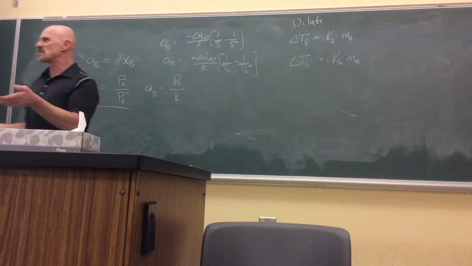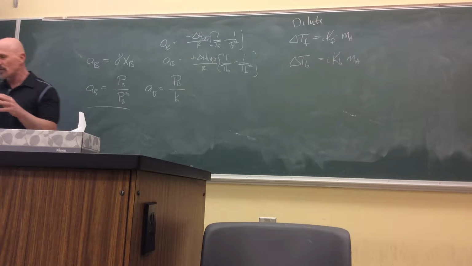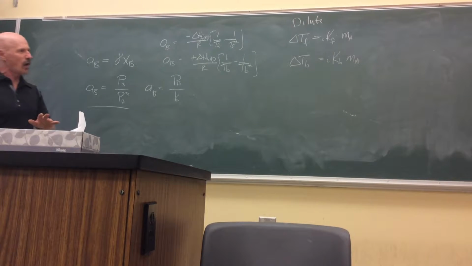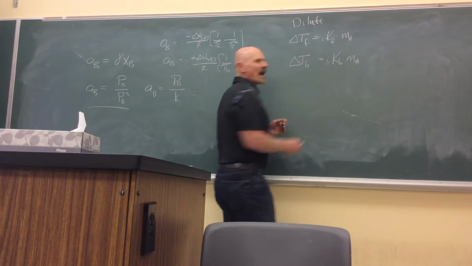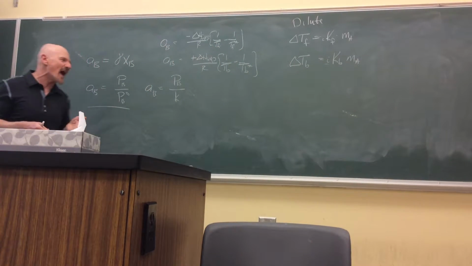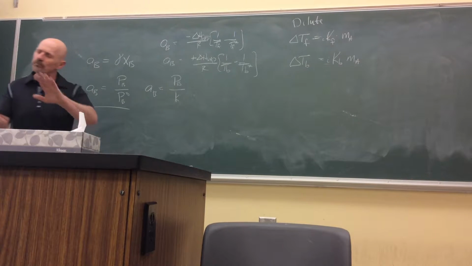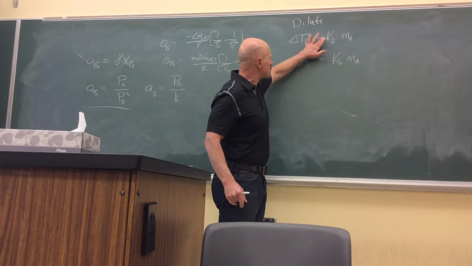That's why we pick our salts very carefully when we put salt out on the road. You want materials that have a lot of ions in them, so that they'll bring the freezing point down even lower. What we know now, because you're smarter now, is that this Van 't Hoff factor is kind of a fudge factor, and the activity coefficient is really the better way to go. But I just made a little side note of that. I didn't address using this, and I'm not going to worry too much about it.